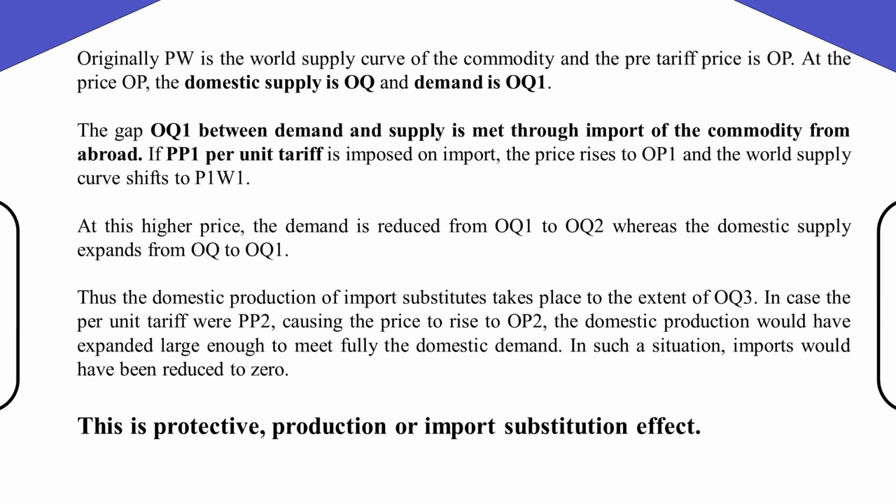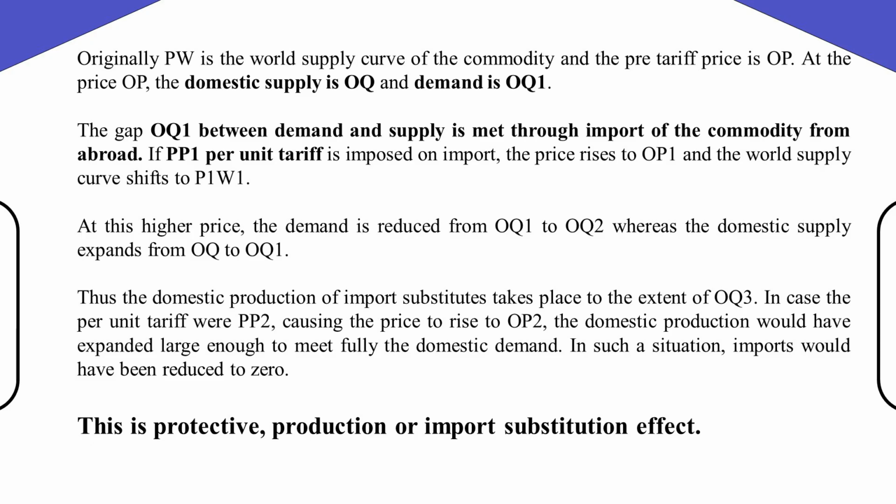At this higher price, the demand is reduced from OQ1 to OQ2, whereas the domestic supply expands from OQ to OQ3. Thus, the domestic production of import substitutes takes place to the extent of QQ3.